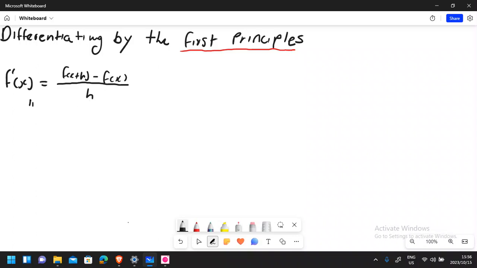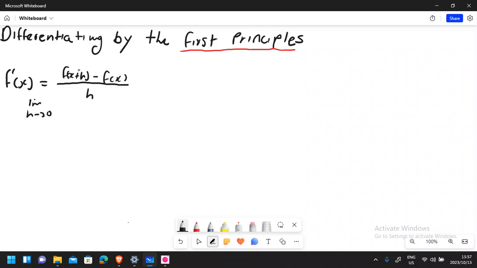So this is the formula. I think you've seen this formula before, guys. We use this formula to differentiate by the first principle.